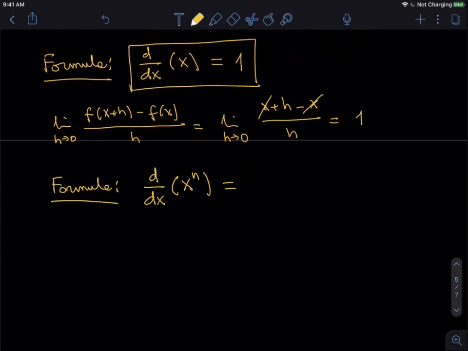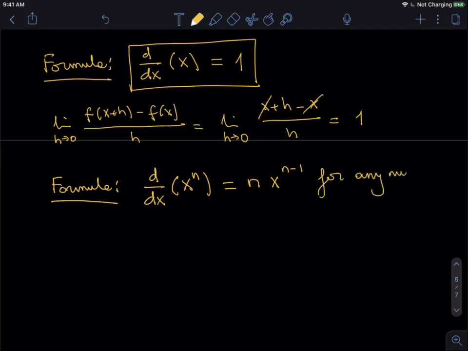So we had a polynomial of degree 4, and based on the graph of the derivative, we were guessing that the derivative was a polynomial of degree 3, so 1 degree less. That is actually true. So x to the n, the derivative is n times x to the n minus 1. Therefore here it goes multiplied by n. So somehow you take the degree, bring it down in front of the x, and then discount 1 unit from the exponent.